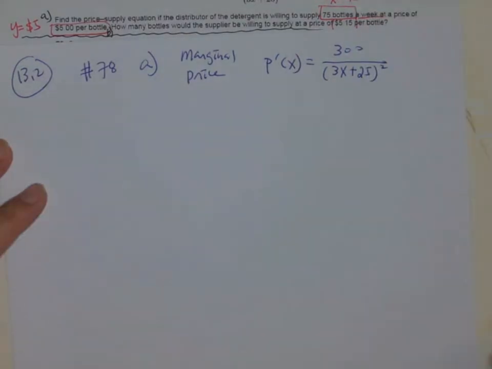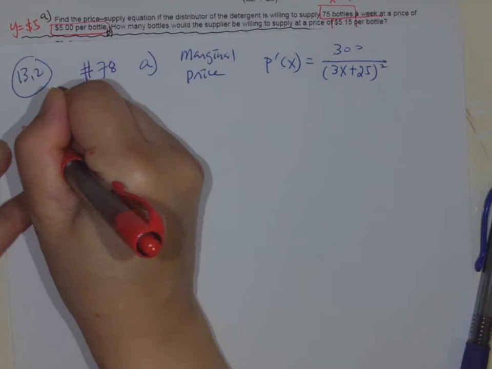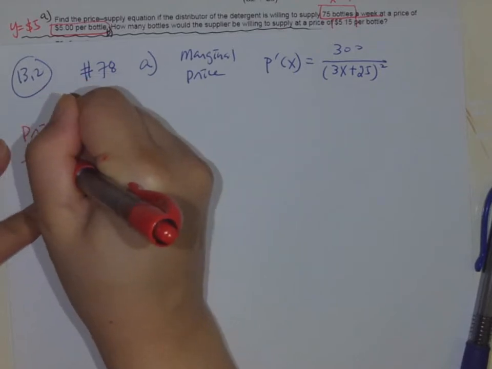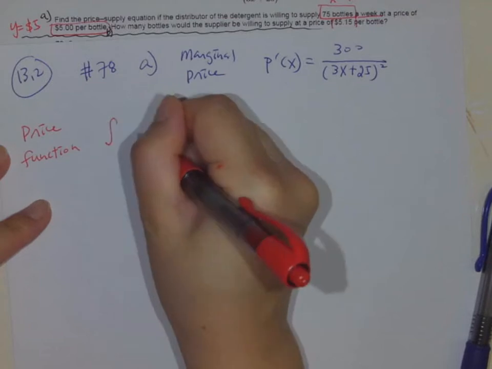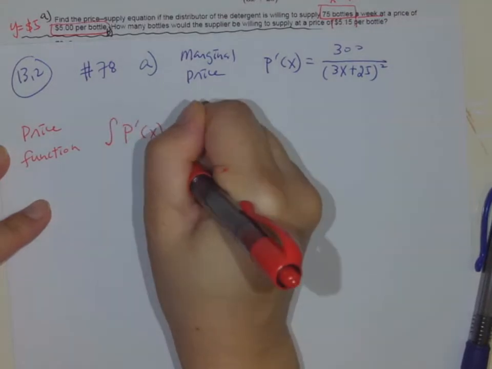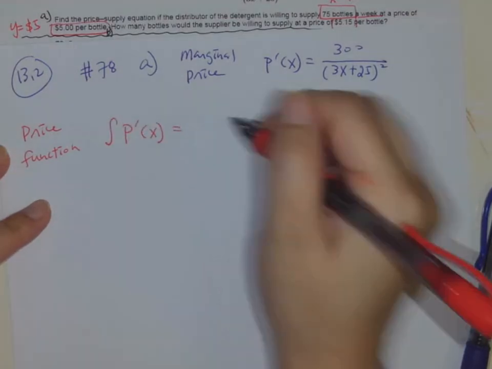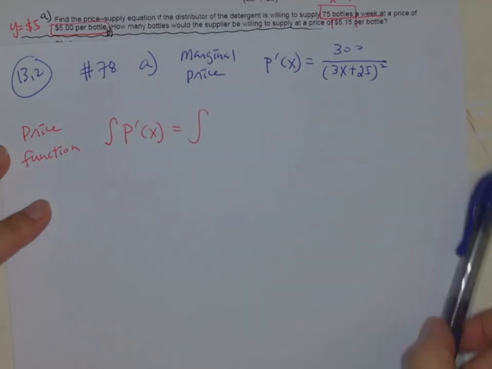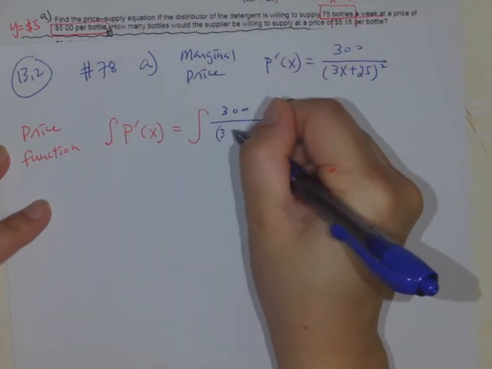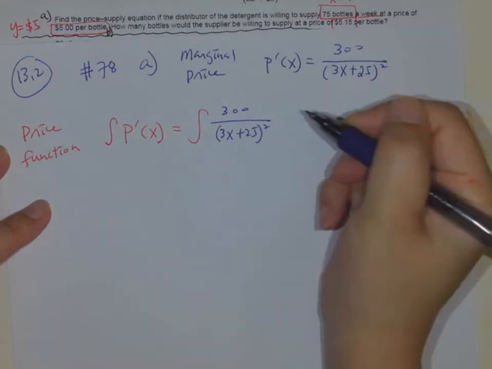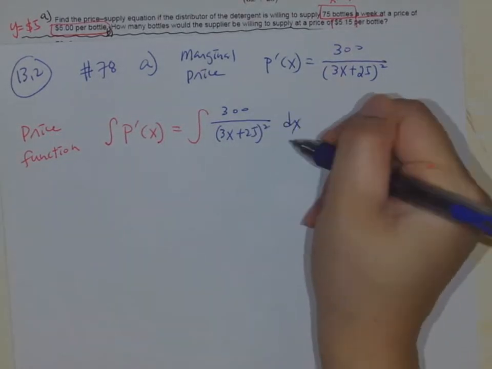So if you need to find the price function, you need to do the antiderivative. So you're going to need to take integral of p prime of x. So integral of the function given to us, 300 over 3x plus 25 squared dx, right?